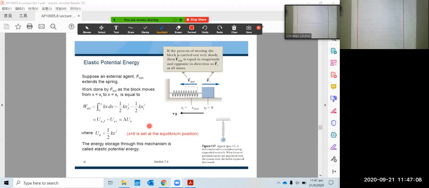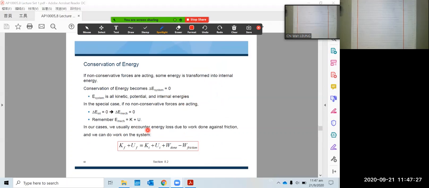So if you initially have already extended the spring, there would already be some elastic potential energy stored in the system. And any further extension would lead to further storage of the energy. So you have to be careful in this situation.